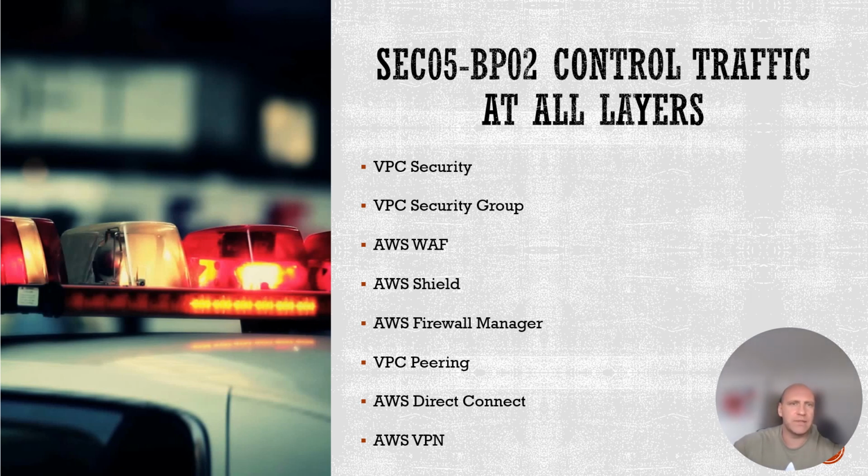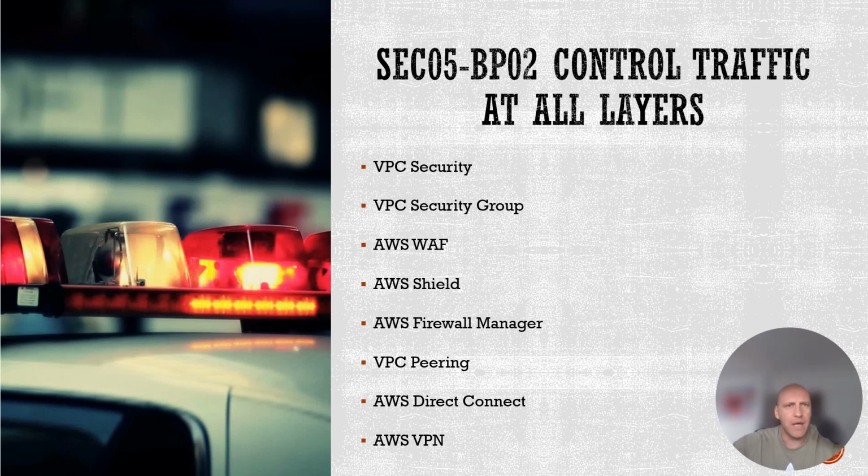A virtual private cloud is a virtual network dedicated to your AWS account. It is logically isolated from all other virtual networks in your AWS cloud. You can launch AWS resources such as EC2 and many others in your VPC.